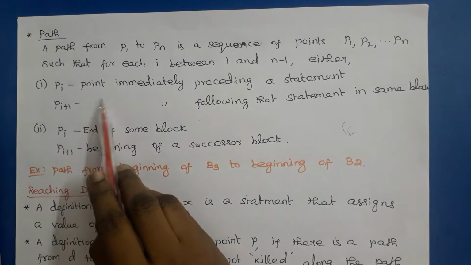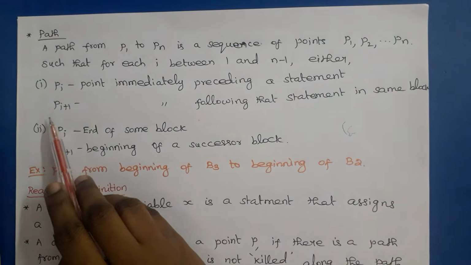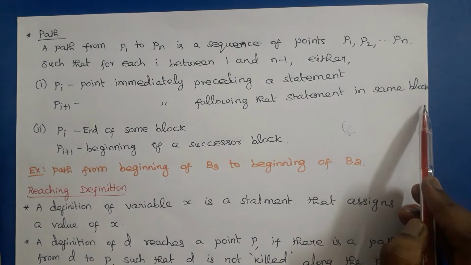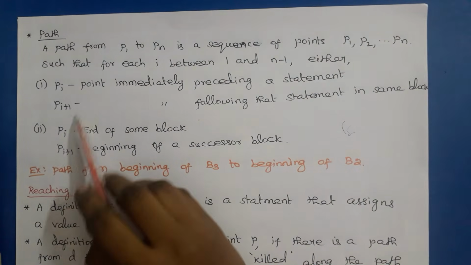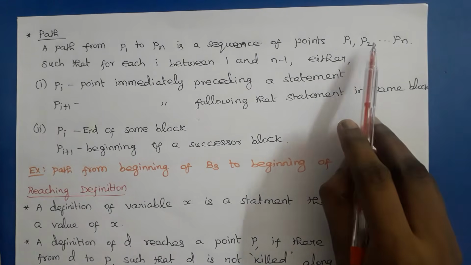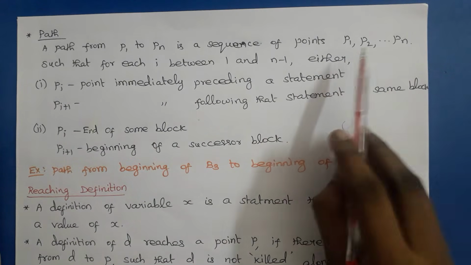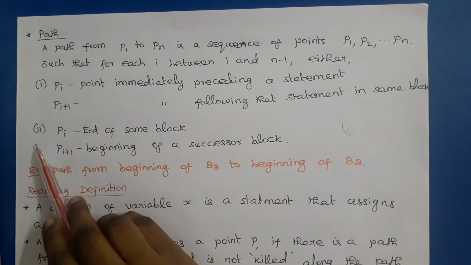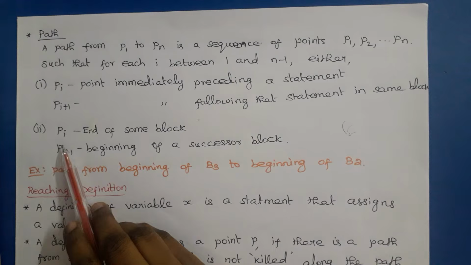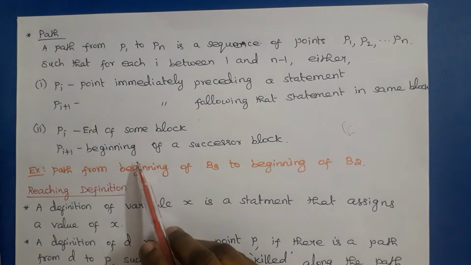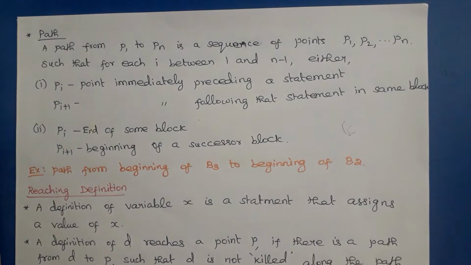Pi is a point immediately preceding a statement, and Pi plus 1 is the point immediately following that statement in the same block. The meaning of this is that Pi and Pi plus 1, that is P2, P3 or P3, P4, are two adjacent points. That is given by the first condition. The second one is that Pi is the end of some block and Pi plus 1 is the beginning of a successor block.